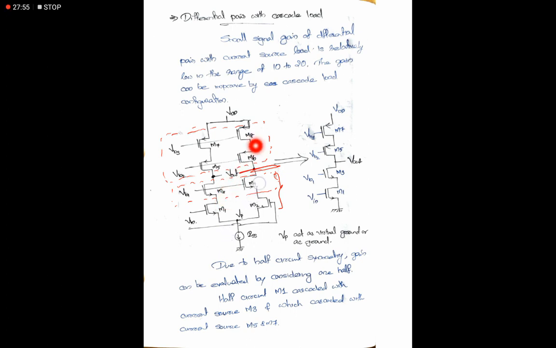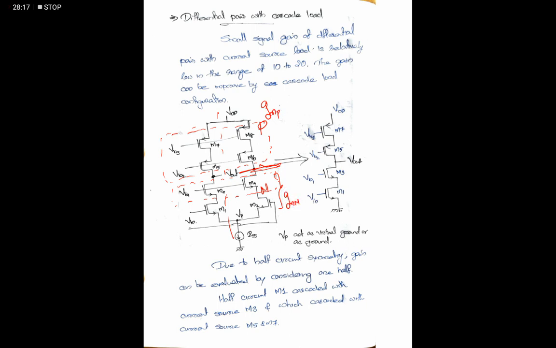Okay, so here is the differential pair with the cascoded load. Here also we cascoded a section, and these are the load section in the output. When we look into this as a half circuit by symmetry, these are P type and these are N type. So here it is GMP, here it is GMN.